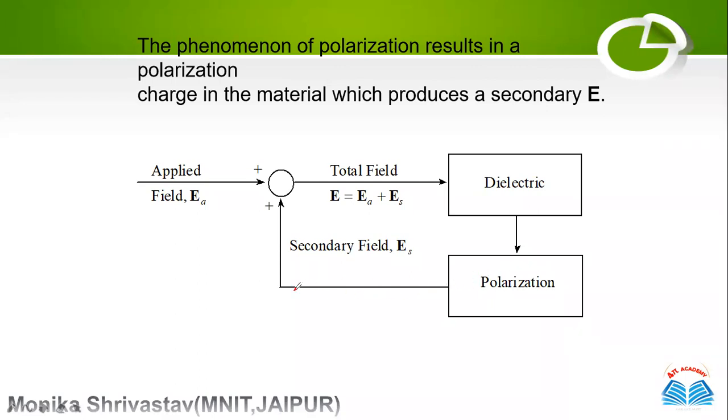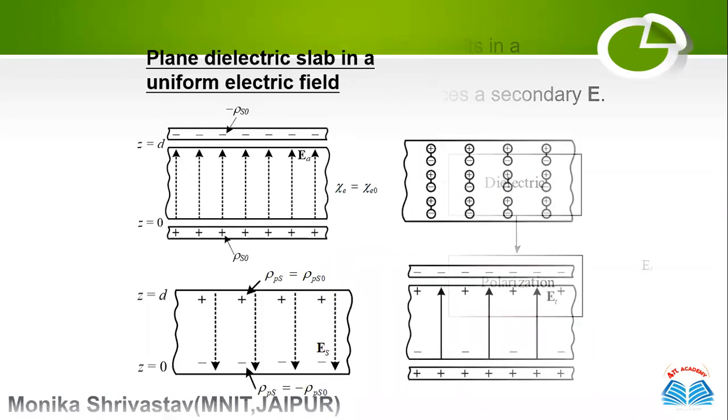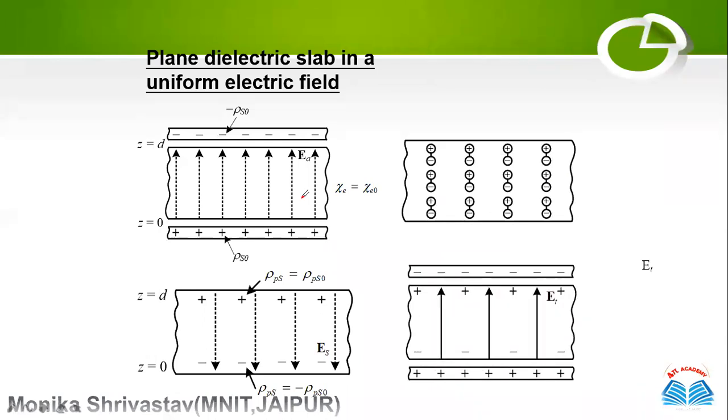This secondary field will again act on that atom, so the atom will possess the total electric field of this type. This is the whole phenomenon which is taking place in dielectrics. Let's take the same example which we took in the conductors: a plain dielectric slab in a uniform electric field.